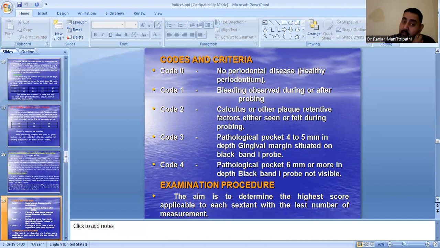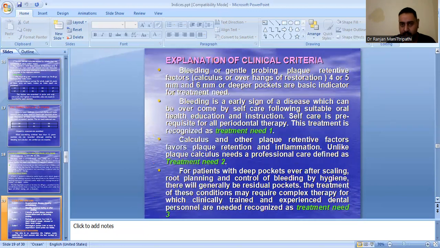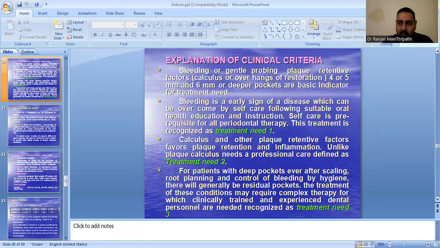The examination procedure is to determine the highest score applicable to each sextant with a lesser number of measurements. There is an explanation for this clinical criteria.